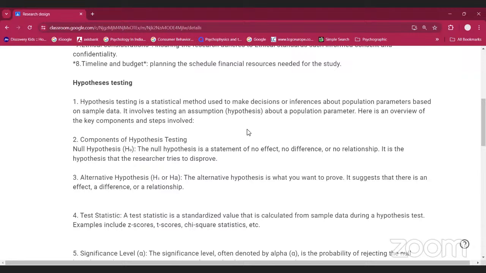It involves testing an assumption, a hypothesis, about a population parameter. Here is an overview of the key components and steps involved.